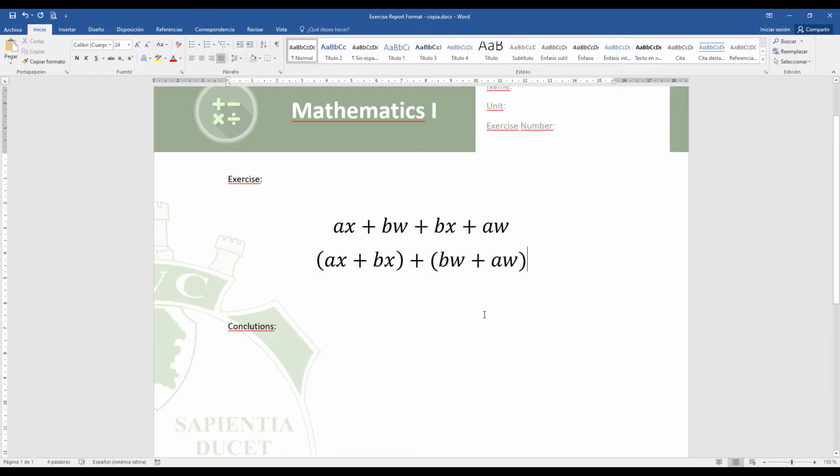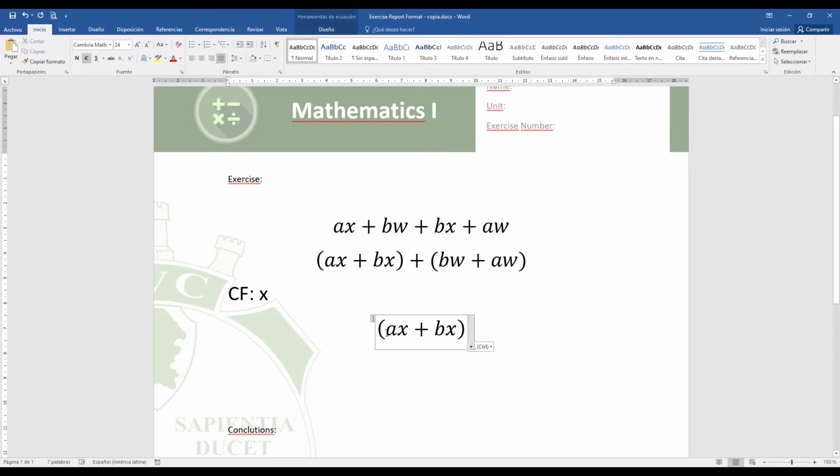Now you will look for a common factor here, but the common factor will be a common factor in the group, only in the group. So you will find one common factor here and another common factor here. The common factor in that case is x.